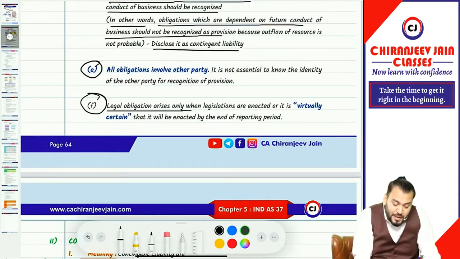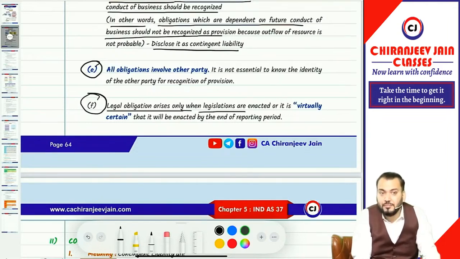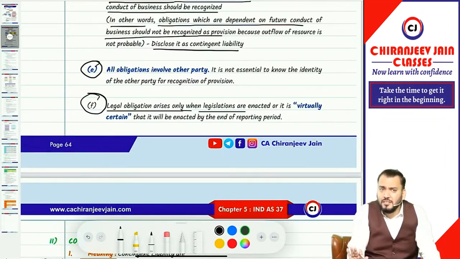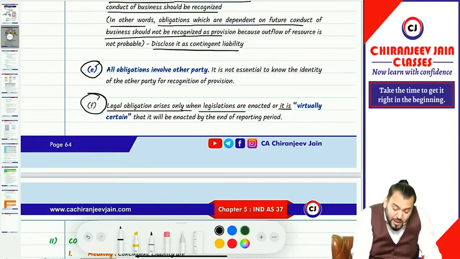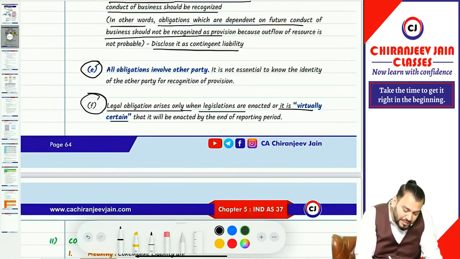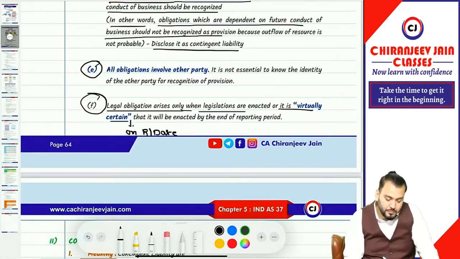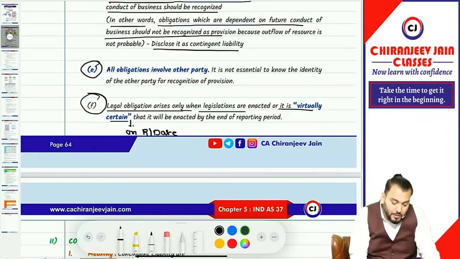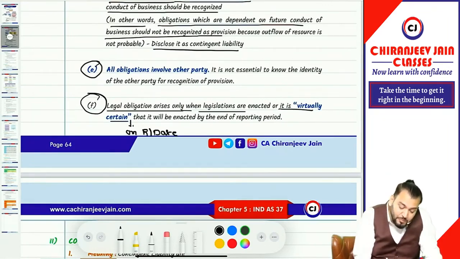Take one correction: a legal obligation arises when the act is enacted on the reporting date, or it is virtually certain on the reporting date that it will be enacted.